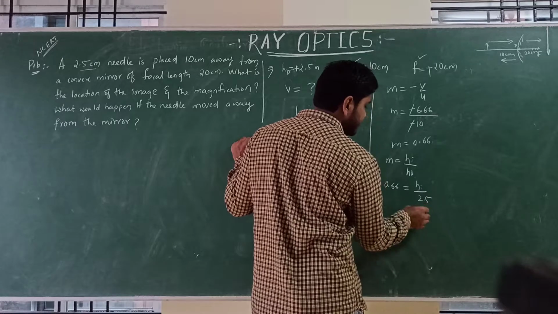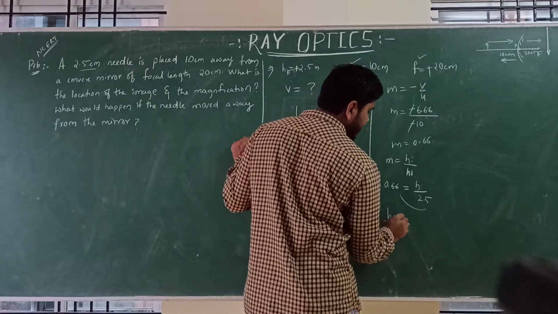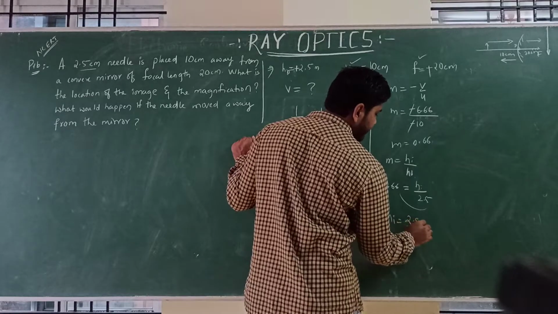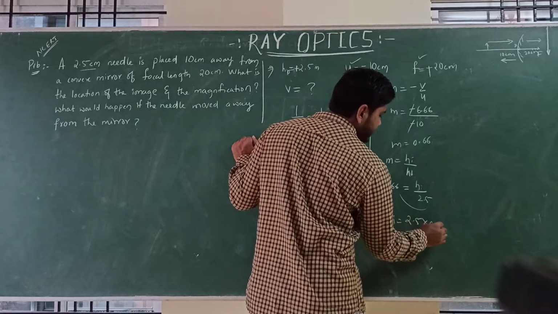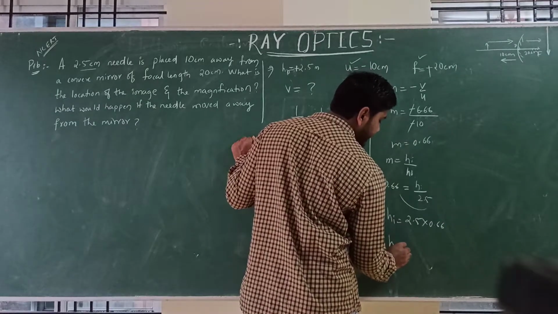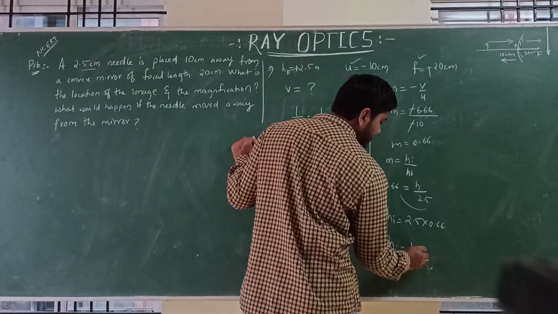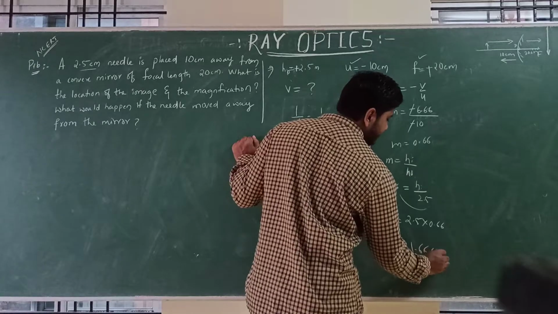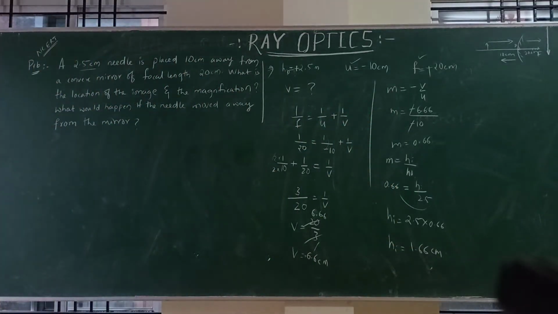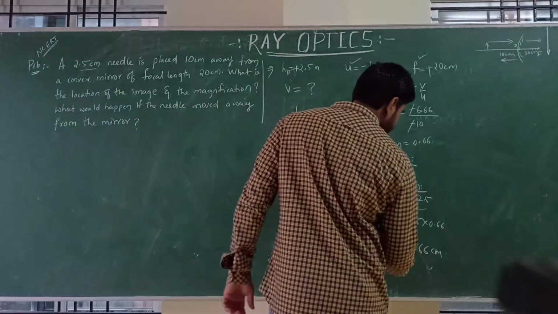So hi is equal to 2.5 into 0.66. If you calculate it, you will get the final answer, that is 1.66 centimeter. Got this? So height of the image is 1.66 centimeter.